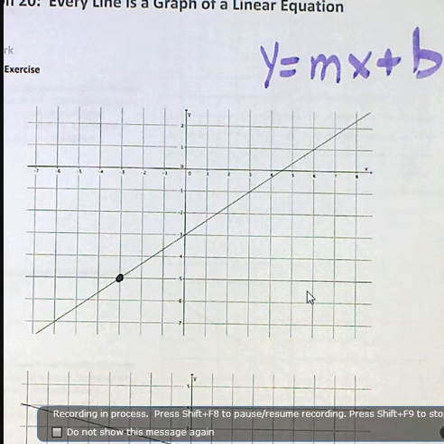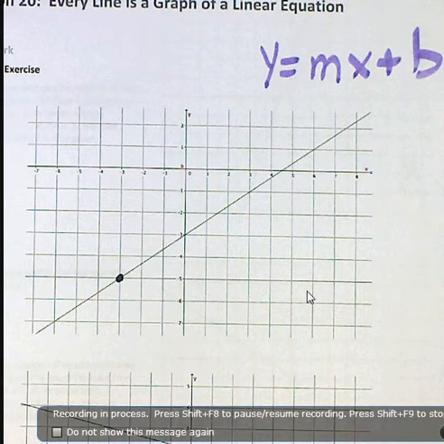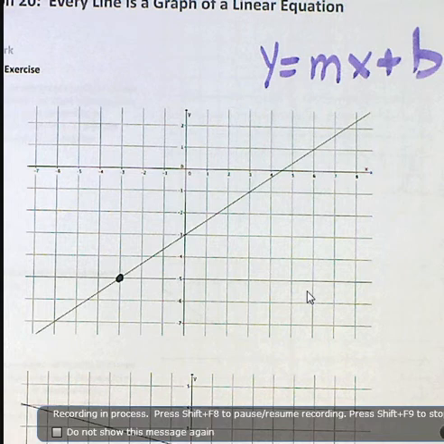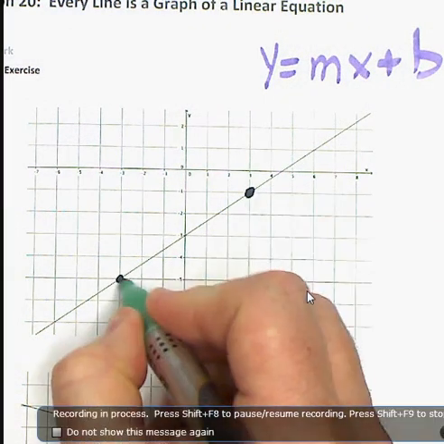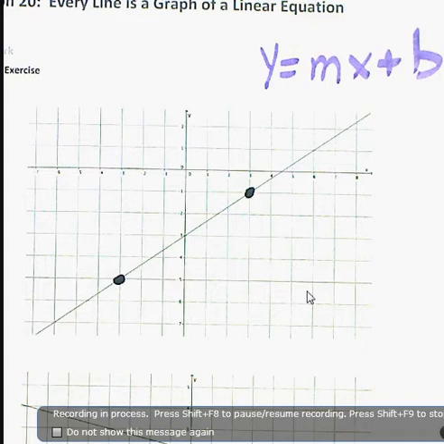Manny, look. Find any 2 points that are on that line. Ashley, find any 2 points that are on that line that fall right on the corner of that box. And then mark the 2 points. Everybody mark 2 points? Okay, I'm going to mark this one, and then I'm going to mark this one. I know it's probably not the same 2 points that you marked, but that's okay.